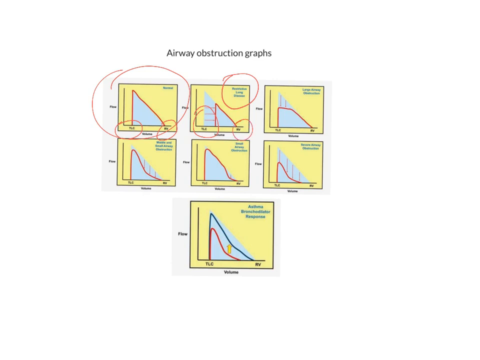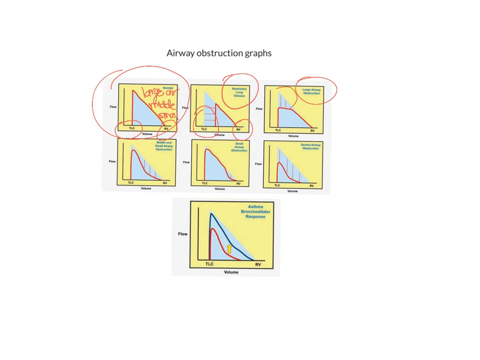With the large airway obstruction shown here in this graph, the top part of the graph actually corresponds to large airways. This is middle, and this is small.